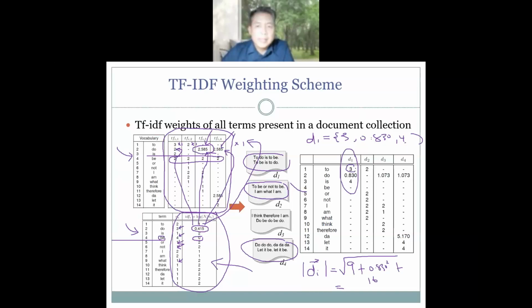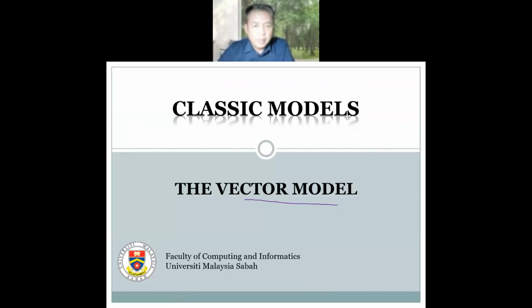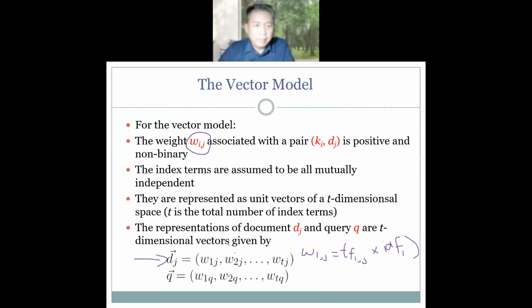Okay, where this 3 here is basically the weightage for 2 in document 1, or this is equivalent to the weightage of keyword 1 in document 1. Okay, so now we represent them as a vector of weightage for each of the keywords.